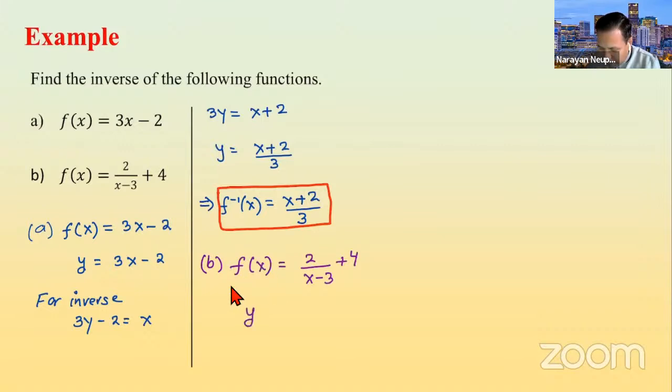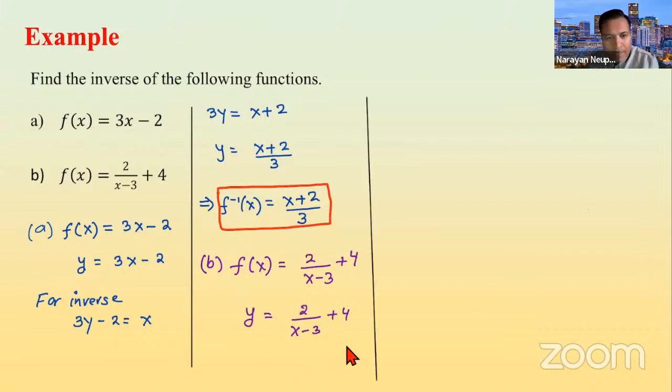So y equals 2 over x minus 3, plus 4. And you know that to find the inverse, we have to interchange x and y. That means for all x in the problem, we write y, and for all y, we write x. That's what we do for the inverse.